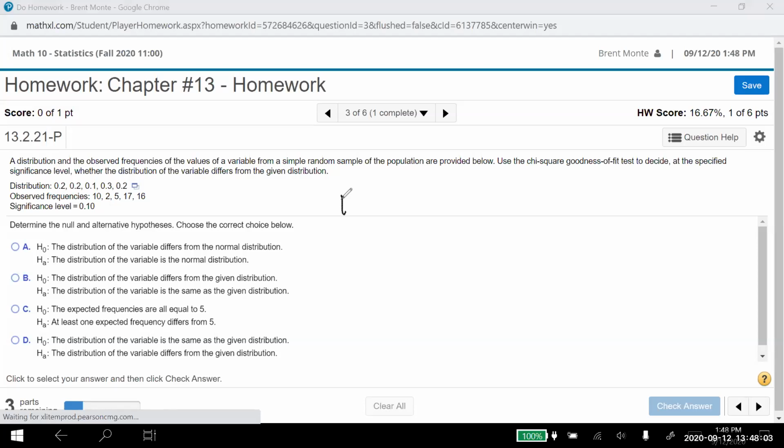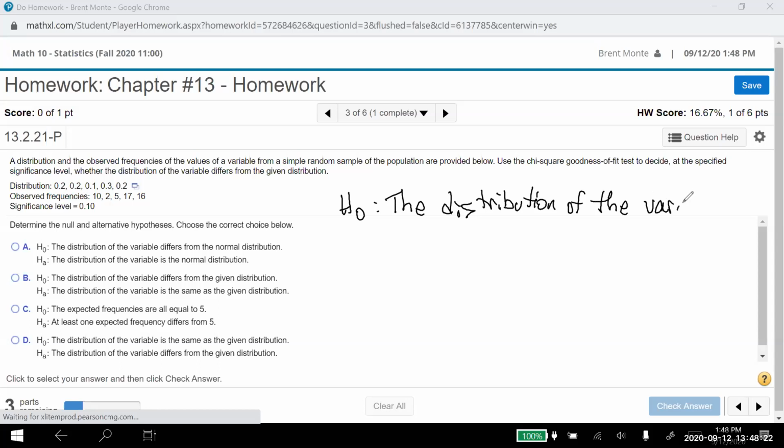So the null hypothesis, the idea is that the distribution is going to be the same as what we would expect it to be. So the distribution of the variable is the same as the given distribution.